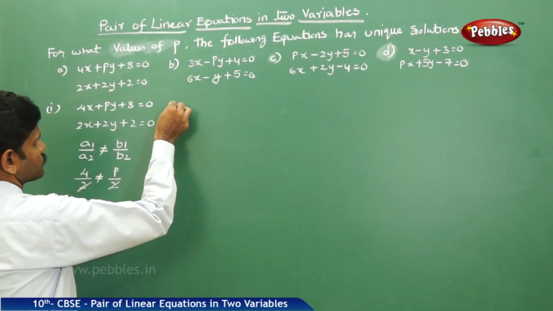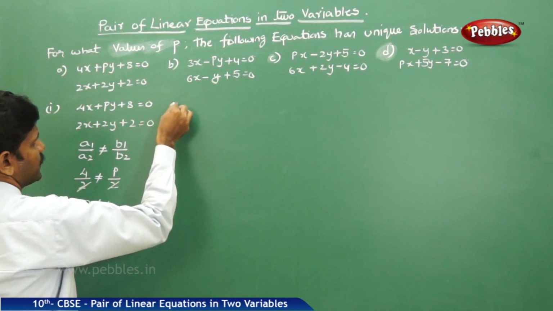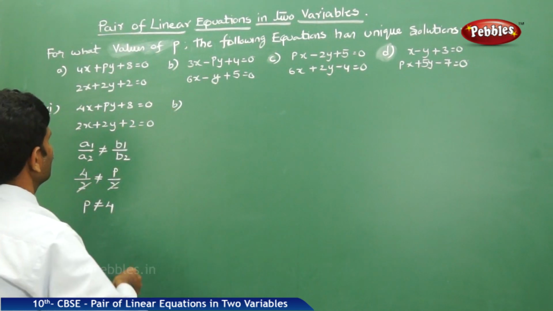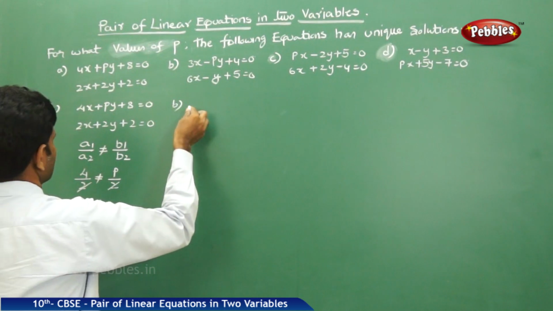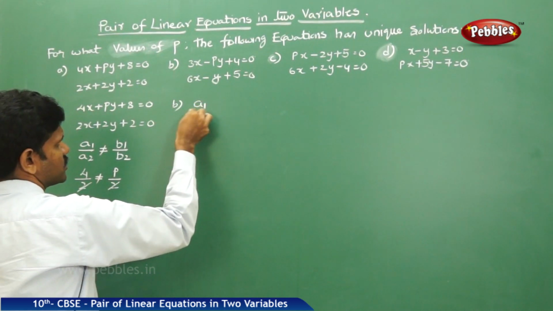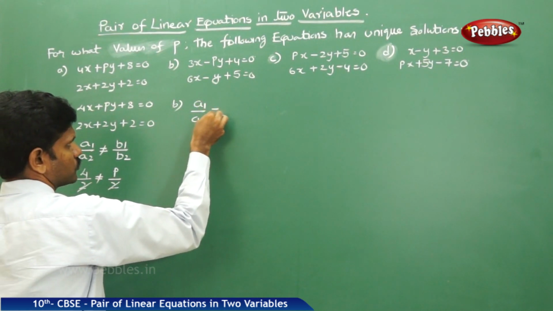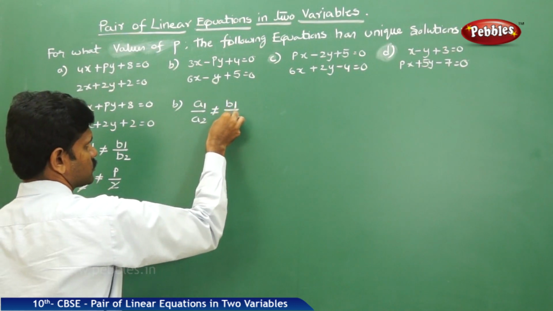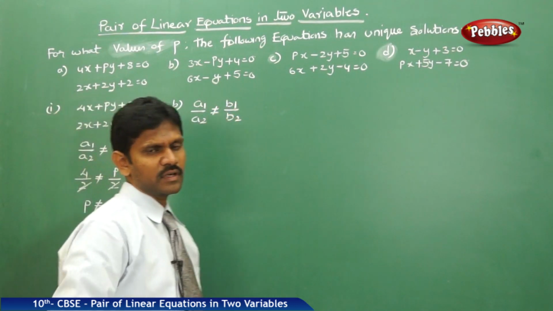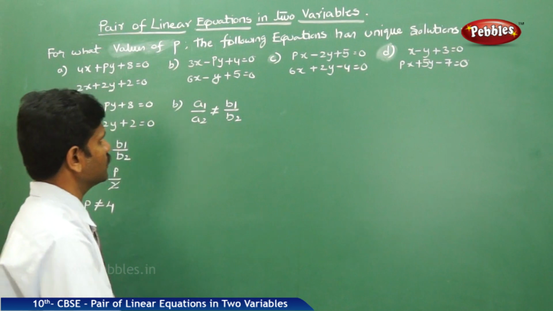Come to the second, that is b. The question is here. The condition is a1 by a2 is not equal to b1 by b2. This is the condition to make the given linear equations have a unique solution.